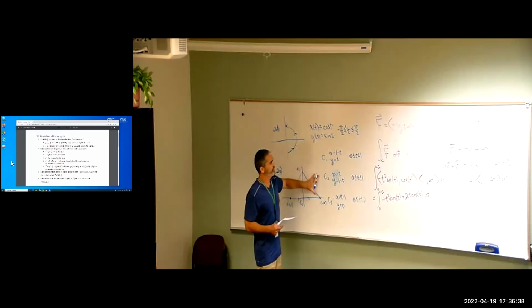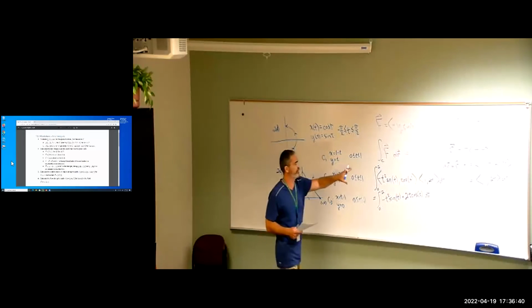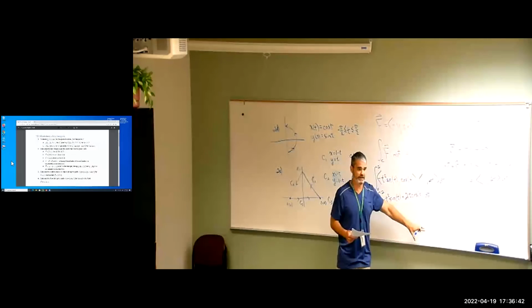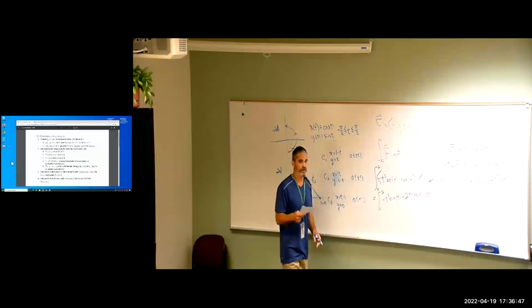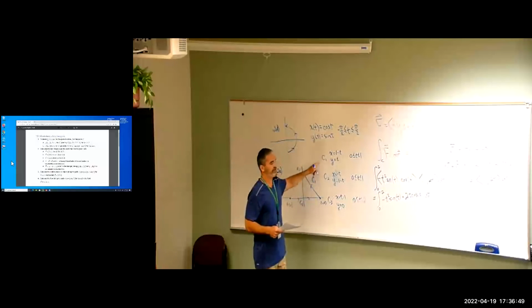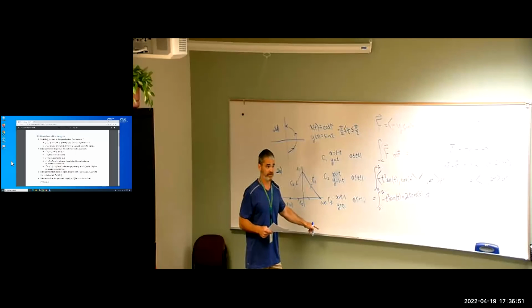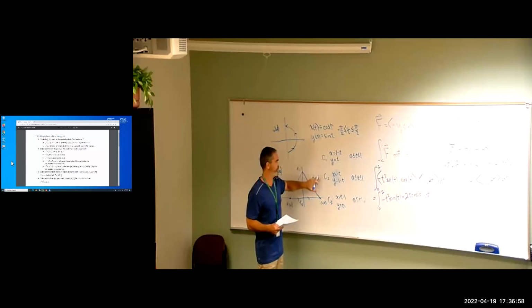Basically, here are your parameterizations. You're going to do the exact same steps we did right here. Now, the other thing, and this goes for you guys at home too, I don't want you to do all 3 of these. We're going to split those up. So one person will do C1, one person will do C2, one person will do C3. And then we'll add up all the contributions at the end, so we don't get stuck on this one. Because if you have time, I'd like you to try either 3 or 4, so you can try a 3D one.